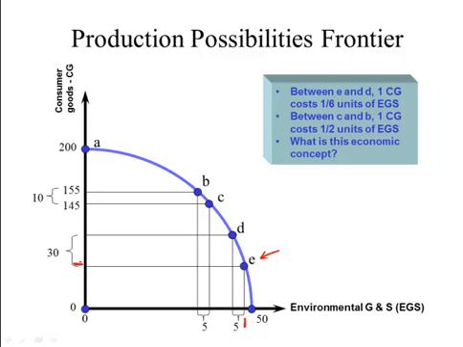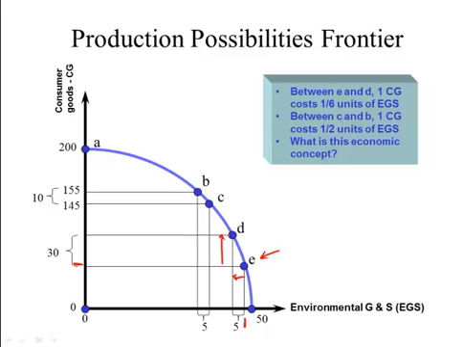If this country decides that it wants to increase the amount of consumer goods and thus has to give up some environmental goods and services, we can see here that by just giving up 5 units of environmental goods and services, this country can actually gain 30 units of consumer goods.